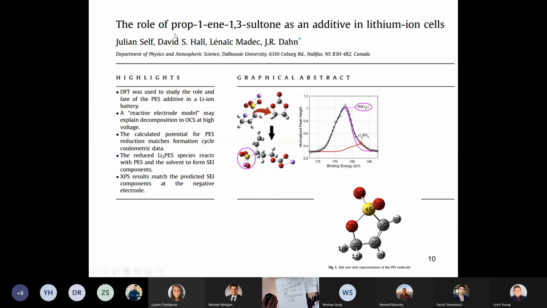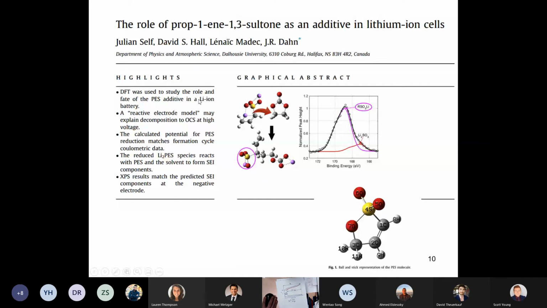This is a paper that talked about using an additive, propene sultone, in lithium-ion cells. The idea here is that when you put an additive into the electrolyte, often the additive reacts with the charged electrode surfaces first, and its reaction products control the chemistry of the SEI.